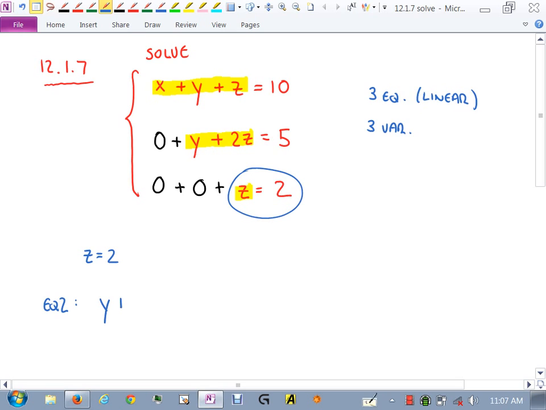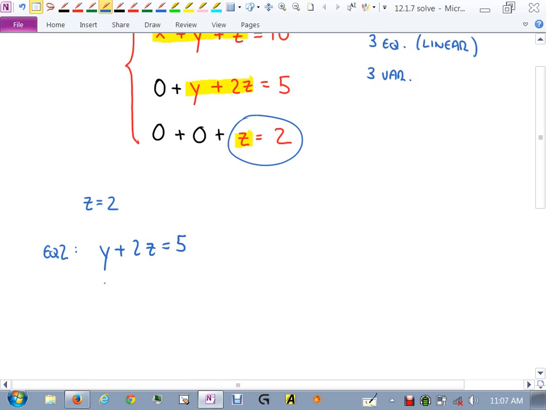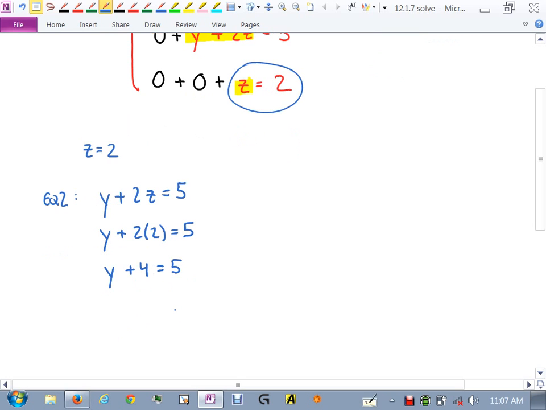I can write y plus 2z equals 5, but z we just said was what? 2. So I could say y plus 2 times 2 equals 5. 2 times 2 is 4, so subtract 4 from both sides, then y is what? 1.